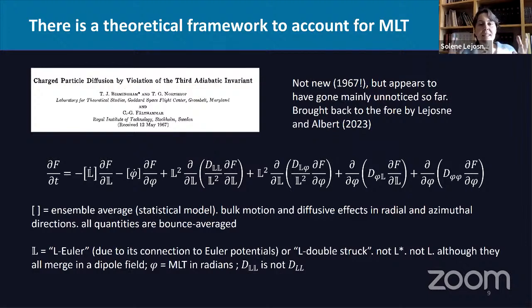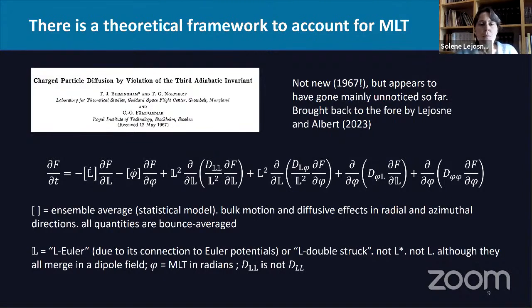It starts with the same derivation as the radial diffusion equation, a Fokker-Planck equation, but without the drift averaging, without the assumption that your phase space density is independent of magnetic local time. So that is at higher resolution, at the time scale of a few bounce periods. In that case, the master equation describing the effect of radial transport on radiation belt intensity is a bit longer than the radial diffusion equation.